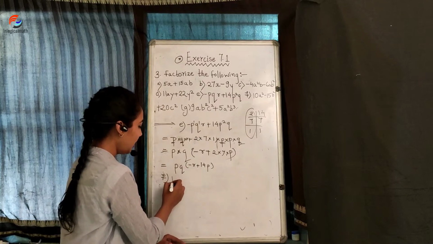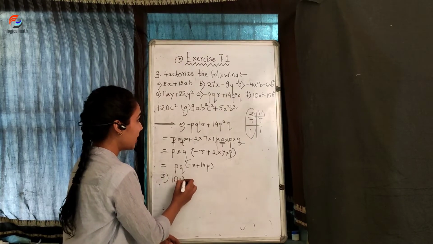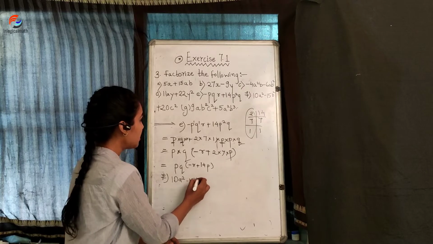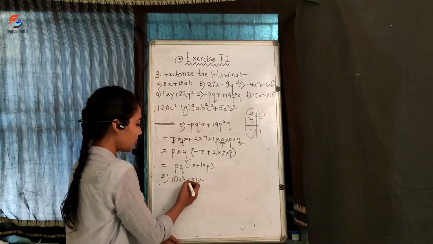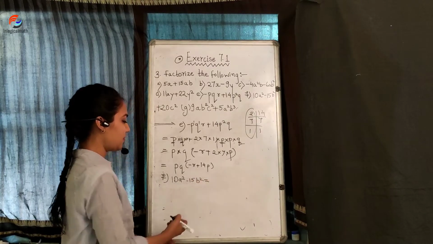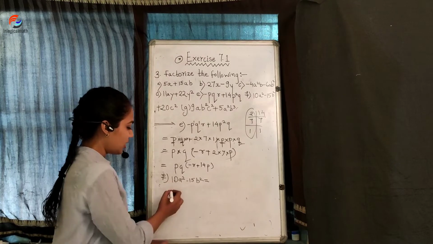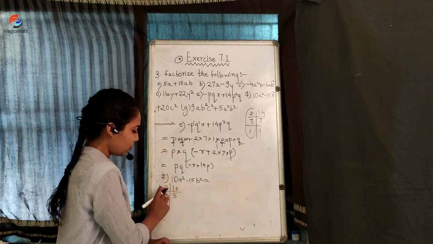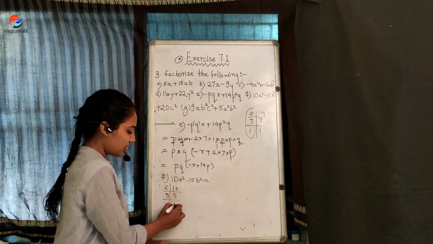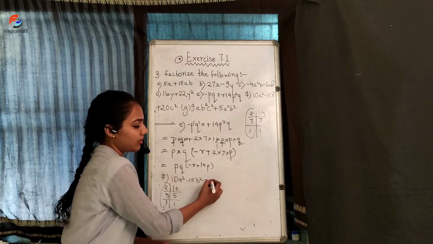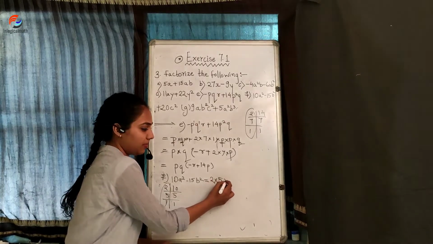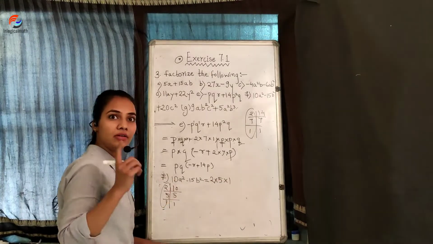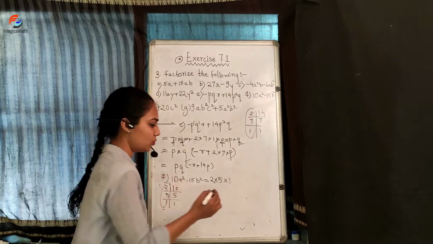F: 10A square minus 15B square. So what are the factors of 10A square minus 15B square? See, 10 can be written as 2 5s are 10, 5 1s are 5. So 10 can be 2 multiply 5 multiply 1. A having 2 powers, so multiply A for 2 times.